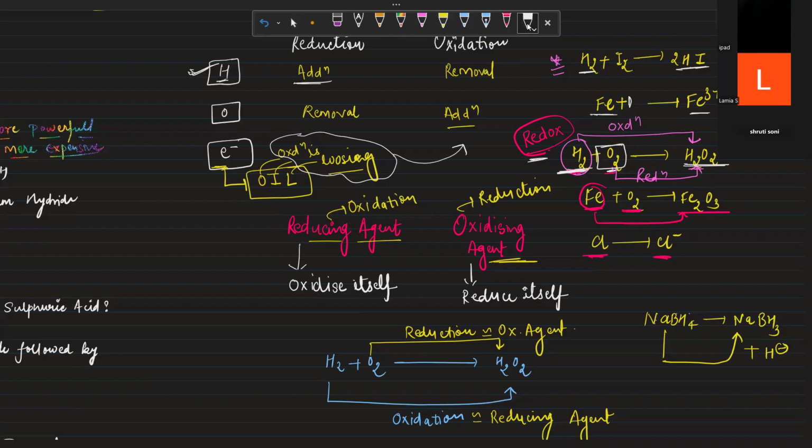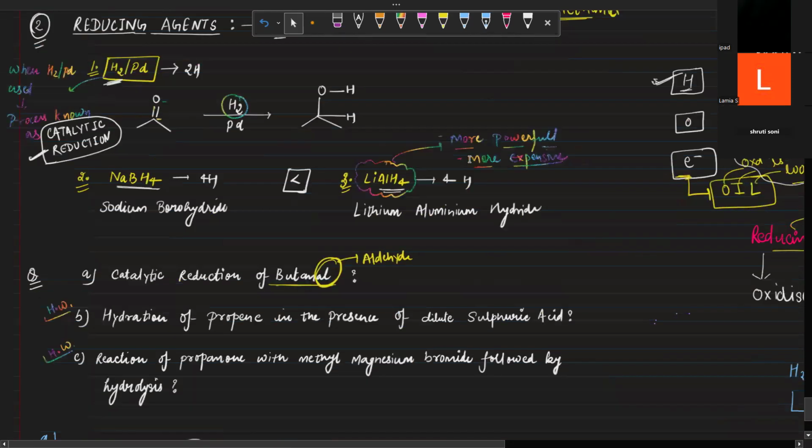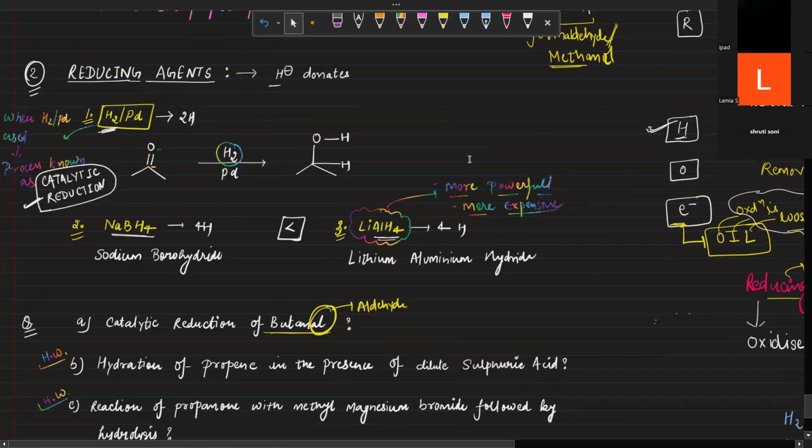It's oxidation. So can I say that NaBH4 is also working as a reducing agent? That's how NaBH4 and LiAlH4 both work as reducing agents. Any doubt up to now?